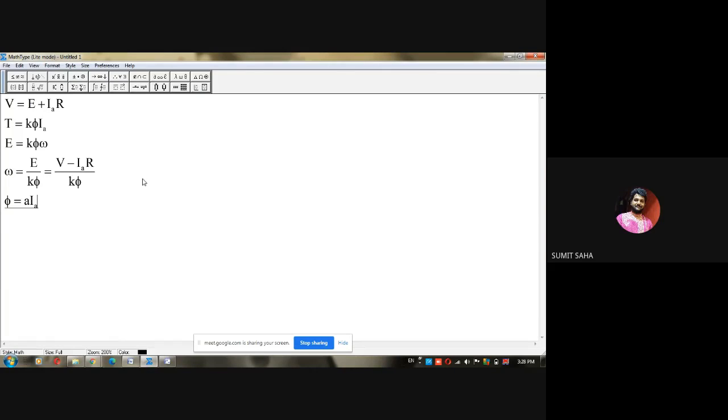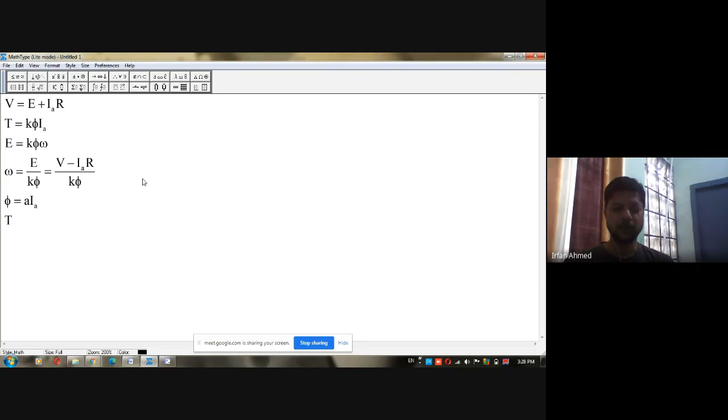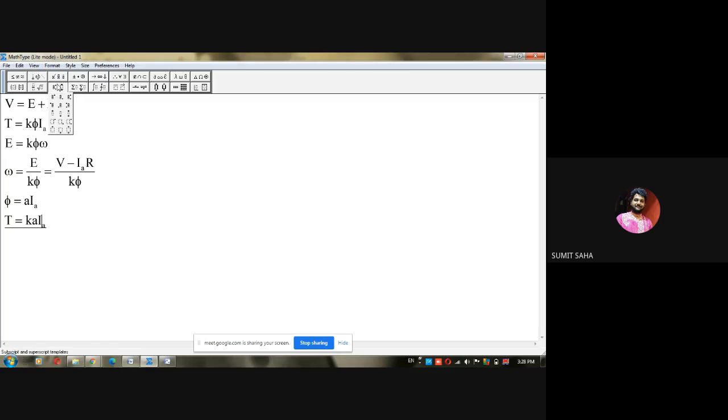Yes, sir. In that case, the motor torque will be equal to K multiplied by phi, phi is A multiplied by IA, so it becomes K A multiplied by IA square.